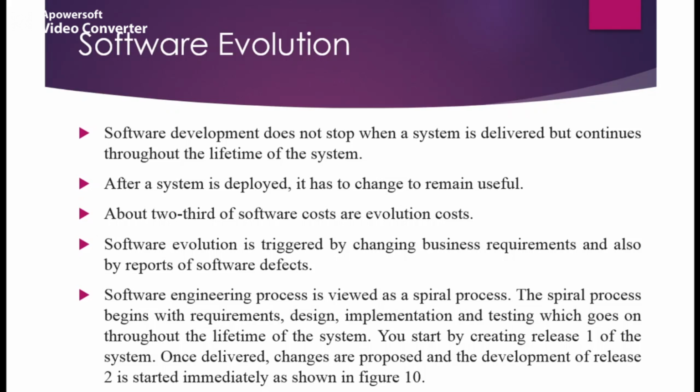There are several versions released by the iPhone. That is called release 1 here. Once delivered, changes are proposed and the development of release 2 is started immediately. Once they get all those change proposals, you start implementing the changes and you get release 2.